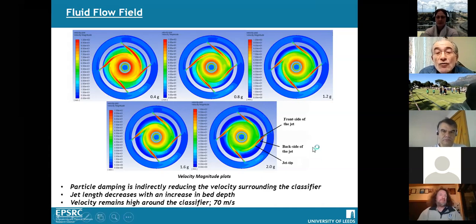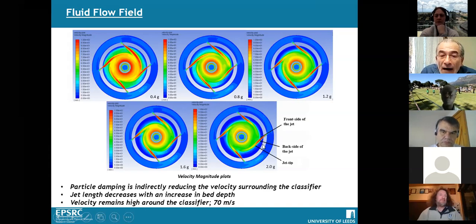But I would like to bring your attention to the definition of the sides of the jet, because this is something which is important. So we define the front side of the jet on this side, and the reason is that the particles are moving clockwise, and therefore they encounter this jet in here. So we call that one the front of the jet.